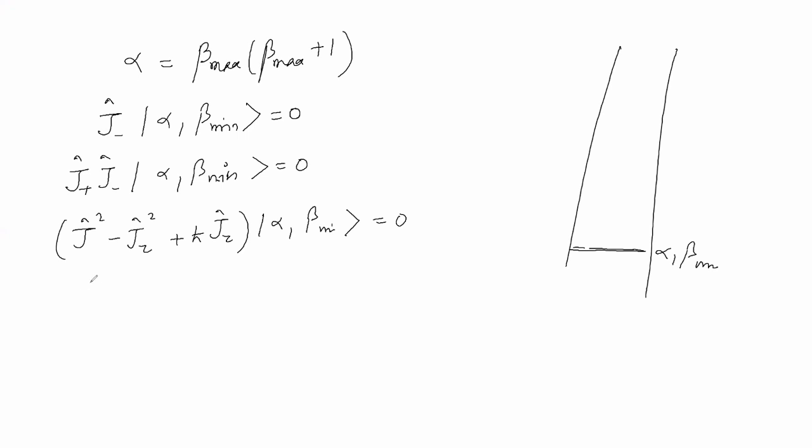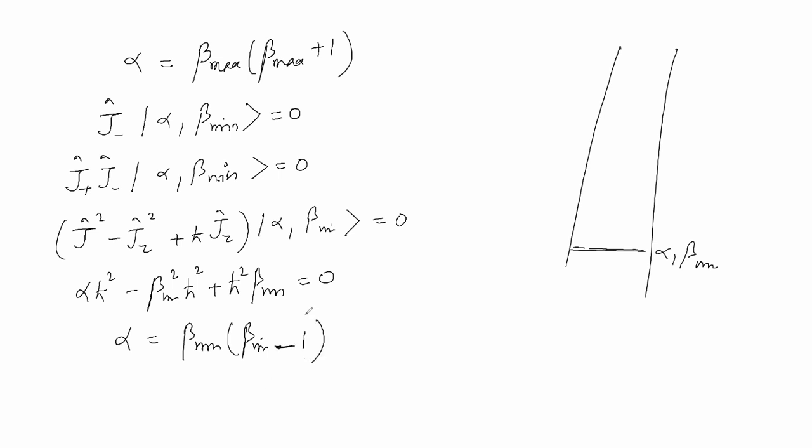Now J square operating on alpha beta minimum will give us alpha h cross square. Jz square will give us beta minimum square h cross square, and this will give us h cross square beta minimum. This must be equal to 0, meaning by that alpha is equal to beta minimum times beta minimum minus 1.